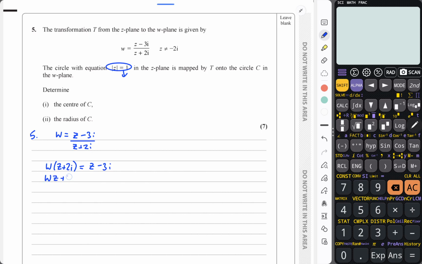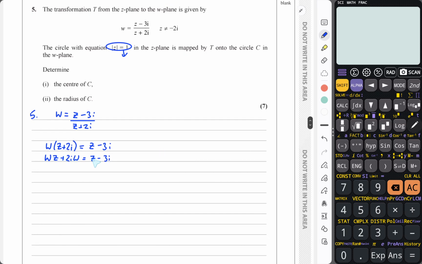Expand, then get everything in terms of z, so get all your z's on one side: wz minus z is going to equal minus 3i minus 2iw, so that I can then factorise on this side.